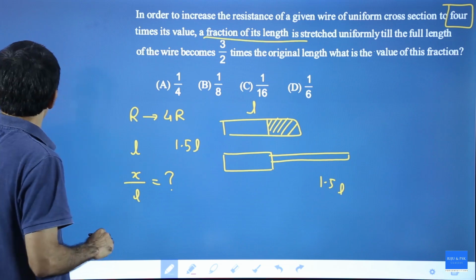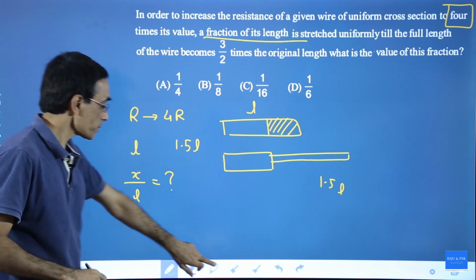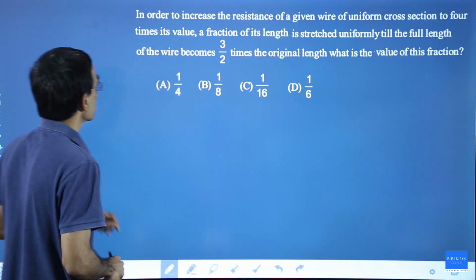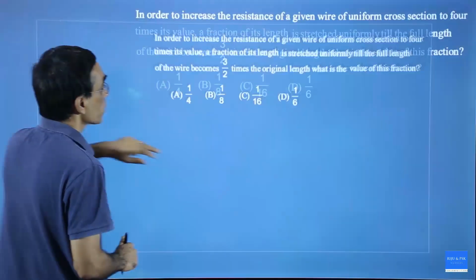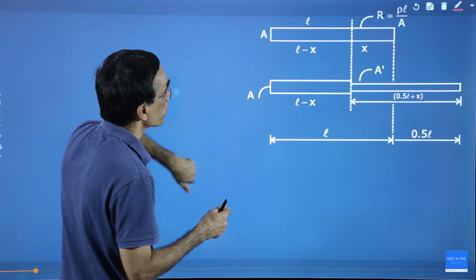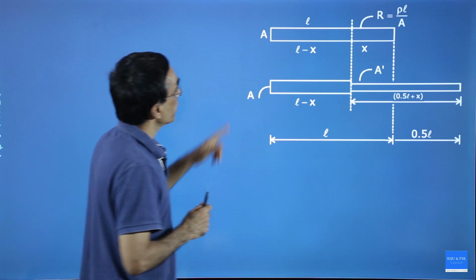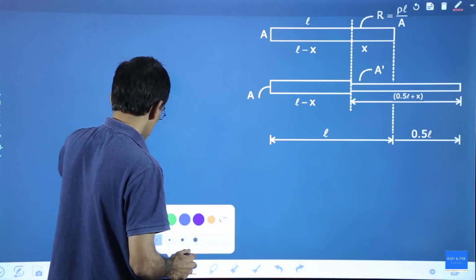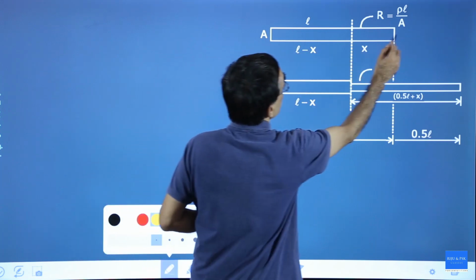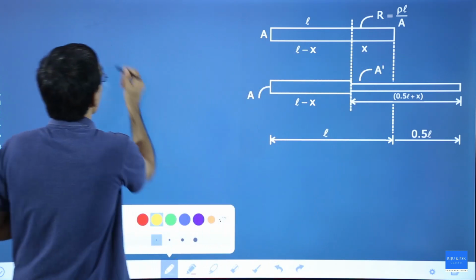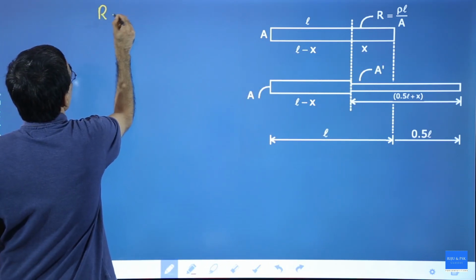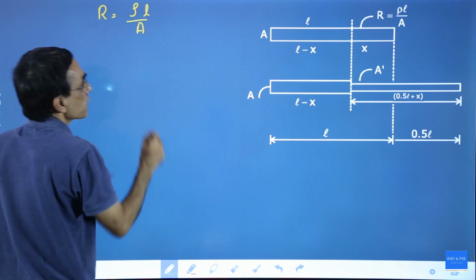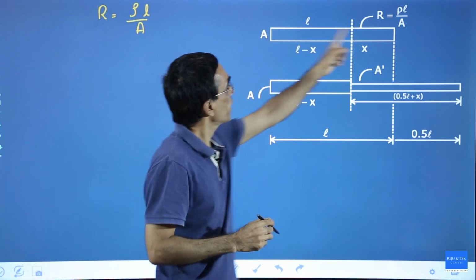Okay. So let us do this. I think I can go for pre-planned diagrams here. Wait. This is the original wire. The original wire has a resistance R, which is equal to rho into L divided by A. You can see A is the area of cross section, L is the length.